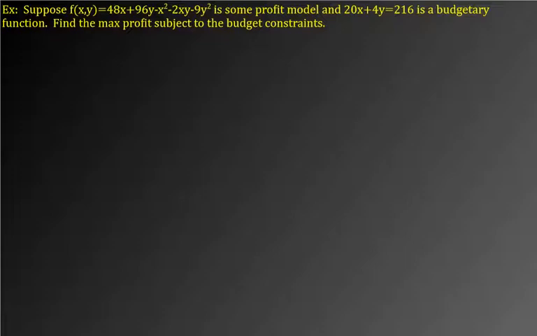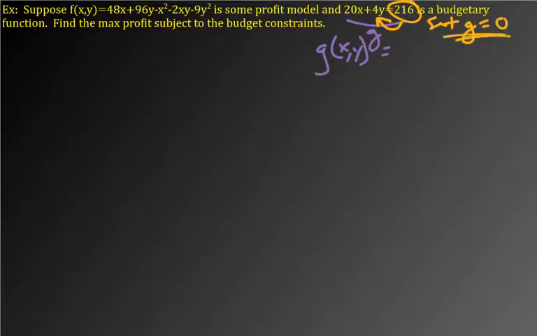This is kind of a weird thing to do, but I'm going to think of this as G, my constraint, as a function of x and y. So what I'm really doing is taking this and moving it over, basically setting G equal to 0. This is a common trick that we do in these Lagrange multiplier problems.